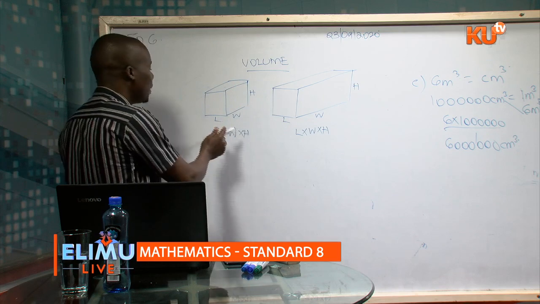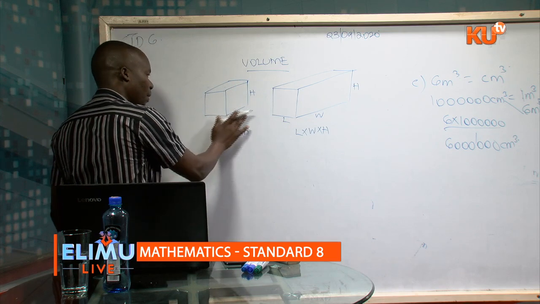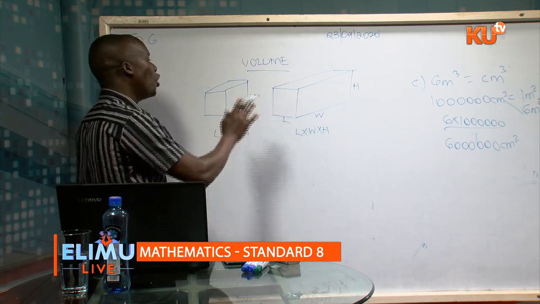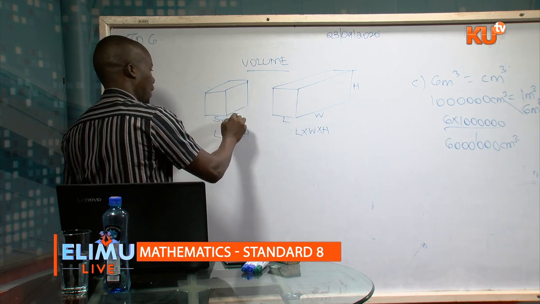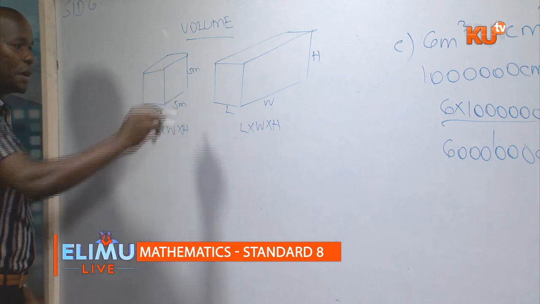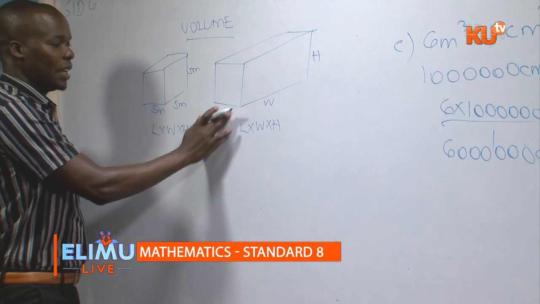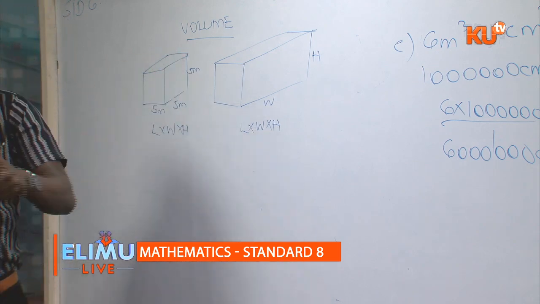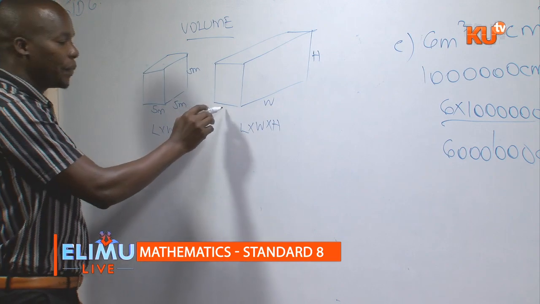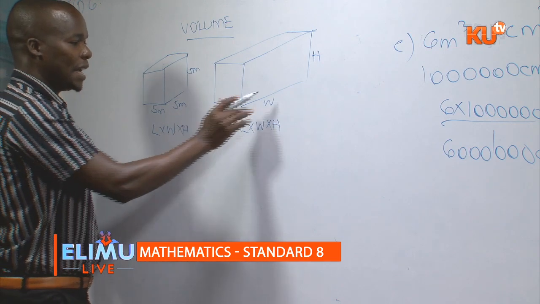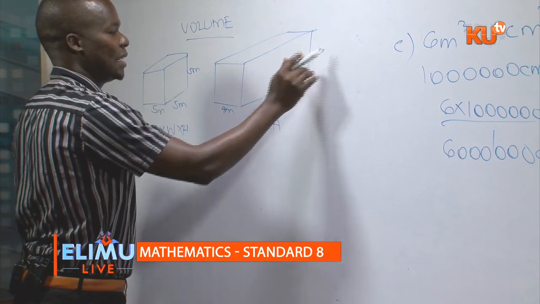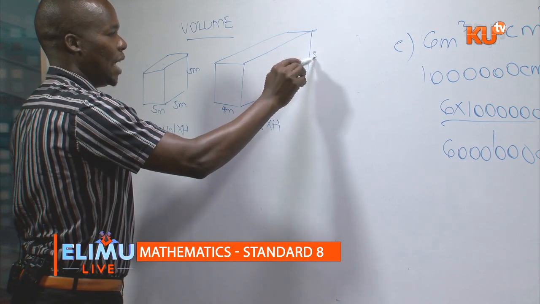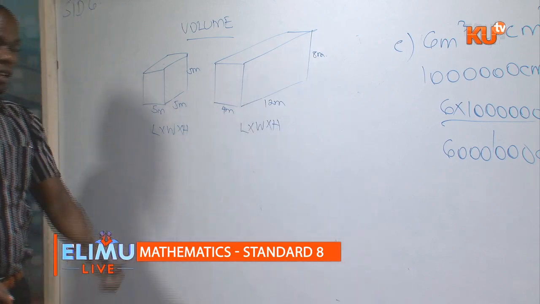So when doing this, let me give an example. You are given measurements of a cube, 5 meters, 5 meters, 5 meters. Also here, I said for a cuboid, they might not be equal. So we have 4 meters, 12 meters, and 8 meters.